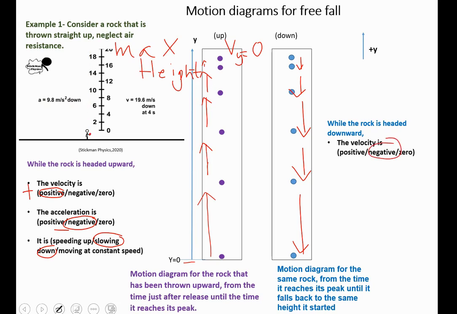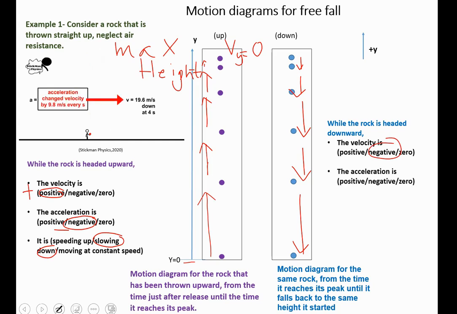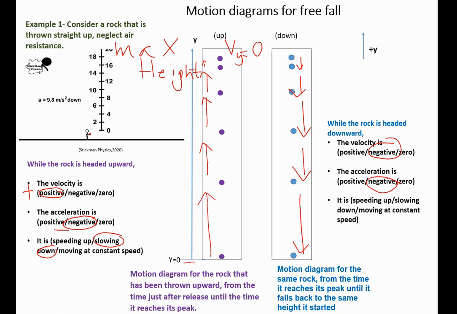Okay? And the acceleration, is it positive, negative, or zero? The acceleration is downwards, and based on our coordinate system, it will have a negative sign. So it is negative 9.8 meters per second squared, so acceleration is negative. And is it speeding up, slowing down, or moving at a constant speed?